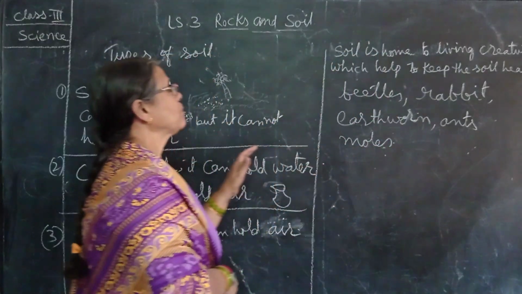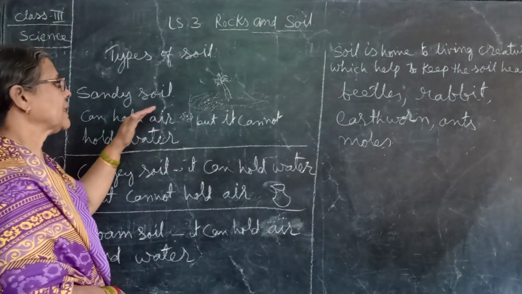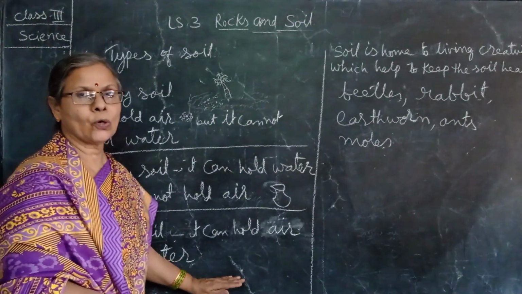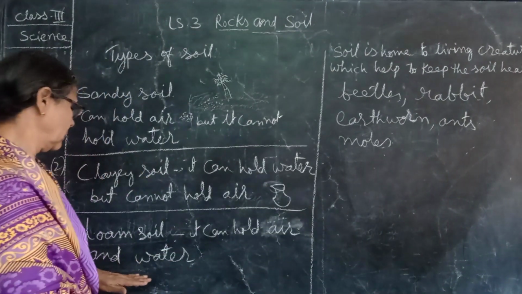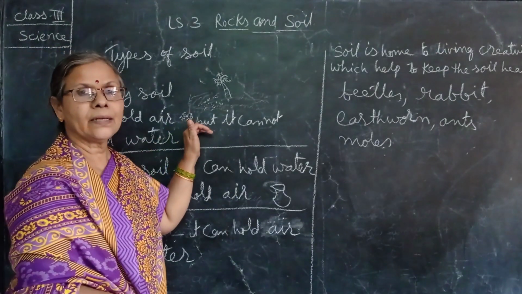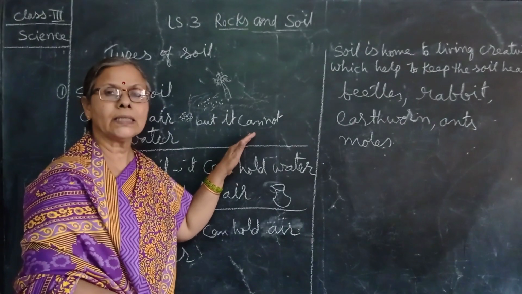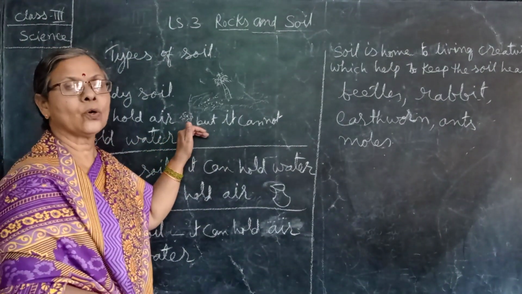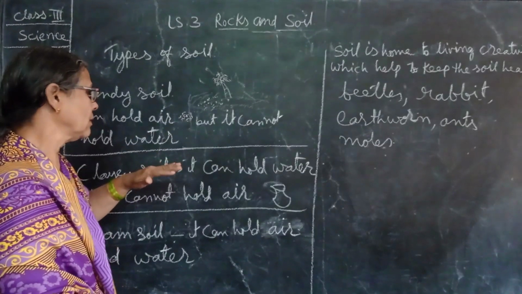So, types of soil we have seen: sandy soil, clay soil, and loam soil. In sandy soil, it can hold air but cannot hold water. That's why very few plants can grow in this type of soil.